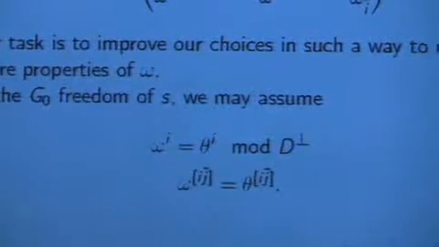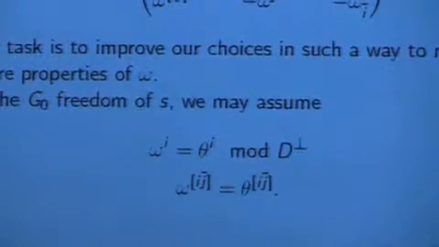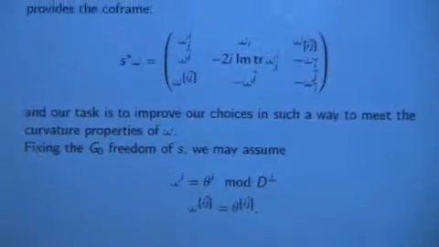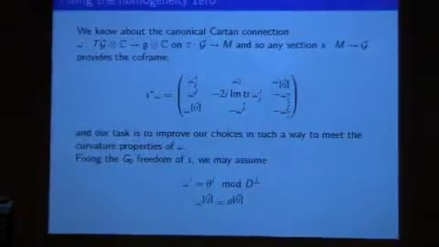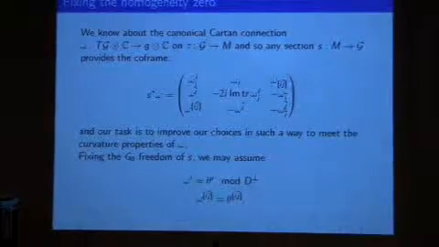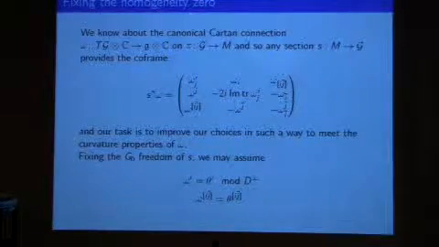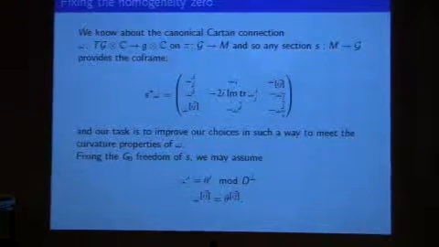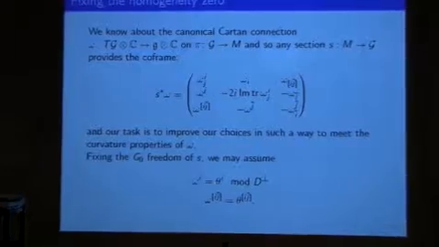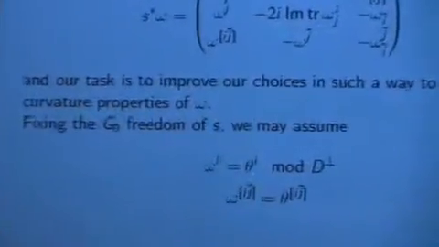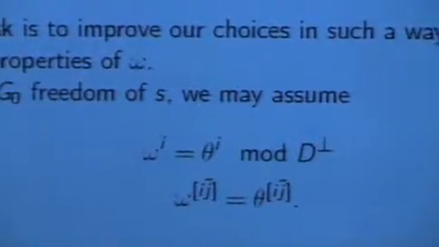Choosing any section, we get a matrix of one-forms, and we already know some of them because the omega ij, just due to our choices, is the same as the original thetas, and we also know that the omega i's are the theta i's up to something in D perp.